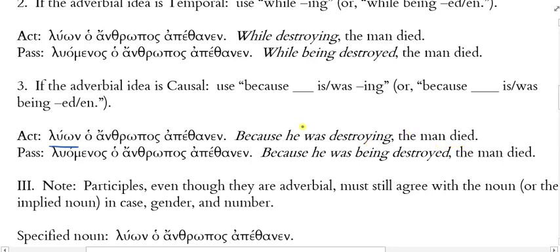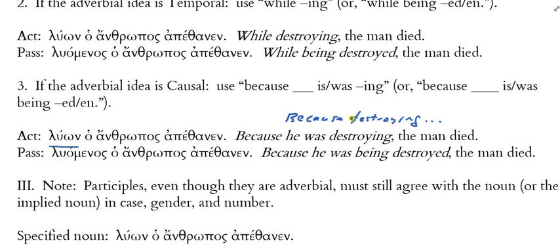Now, this is going to be different than using while, because when we say while, we can just go to the ing form, but how does it sound to say something like this? Because destroying, the man died. Does that work? No. This is where you're going to have to convert your non-finite verb form, the participle, into what looks like a finite verb form in your English translation.